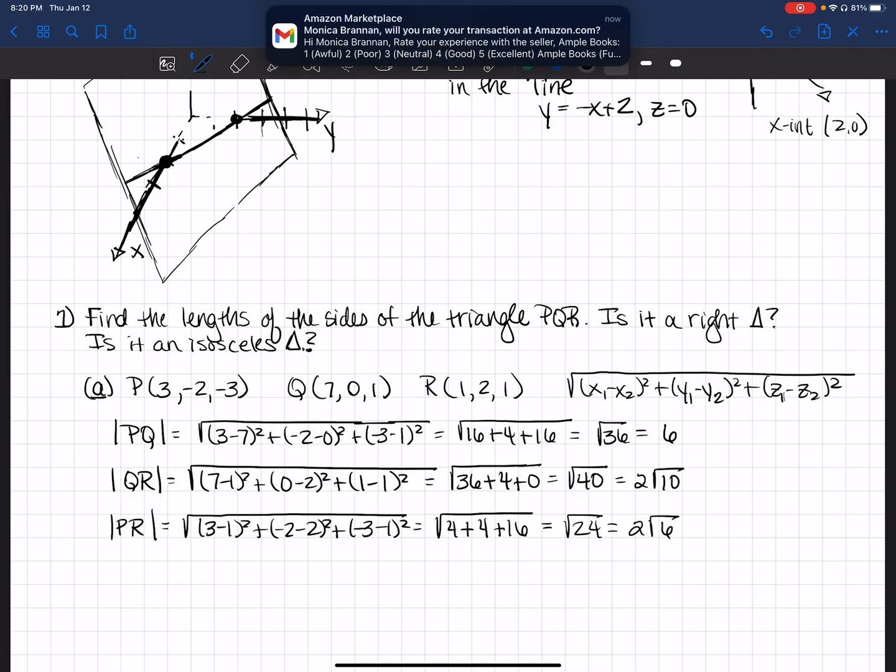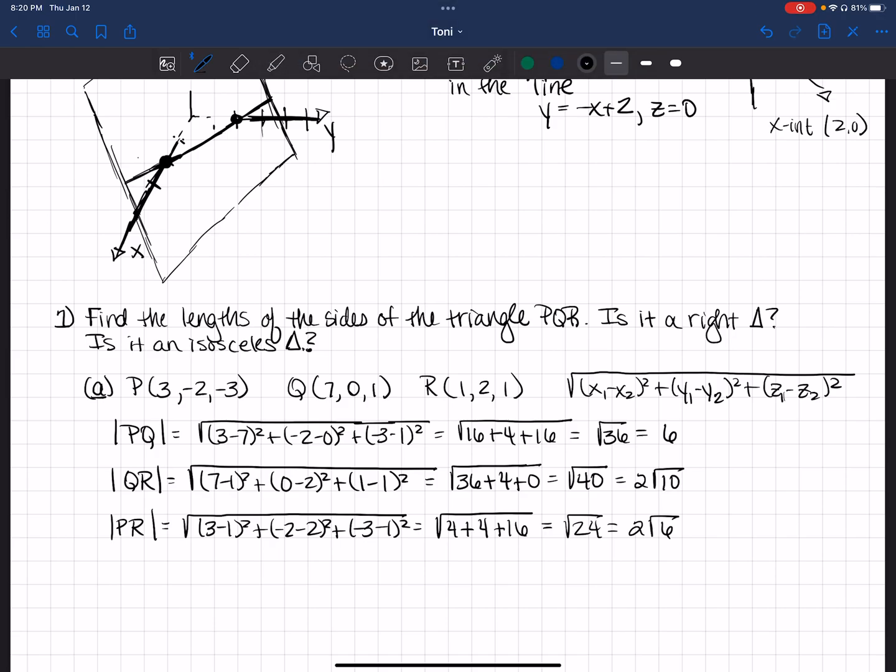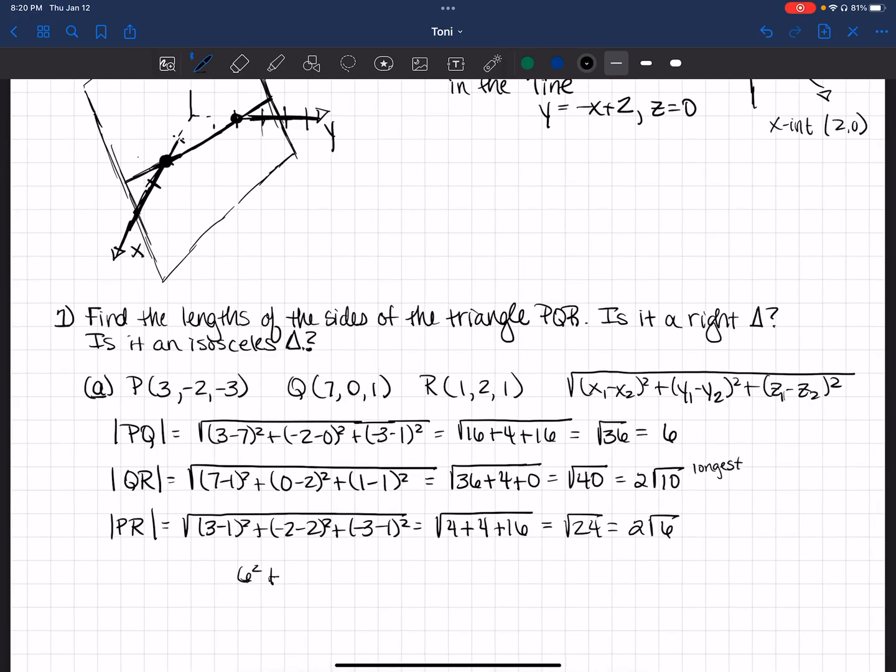Okay, so let's think about it. This is 6. 2 square roots of 10 is going to be more than 2 square roots of 6. And we know this is over 3, so this is the longest side right here, because I know the square root of 9 is 3. 3 times 2 would give me 6. So this is the longest side, so this would have to be the hypotenuse. So let's see if I'm answering the right triangle.